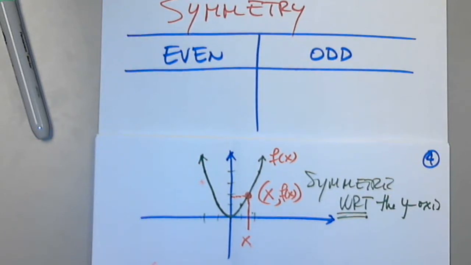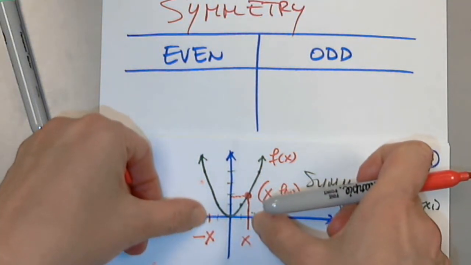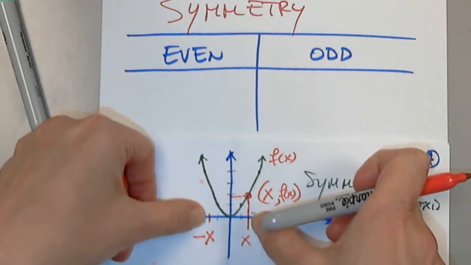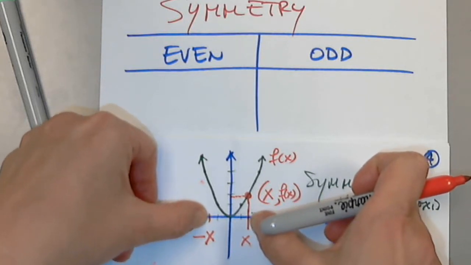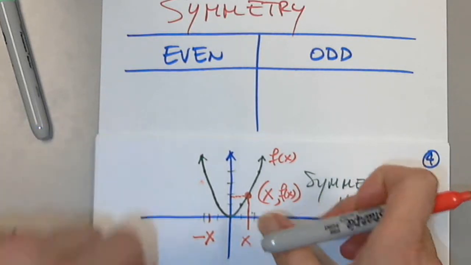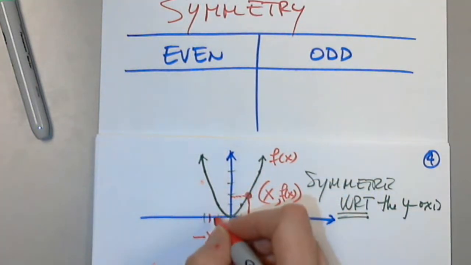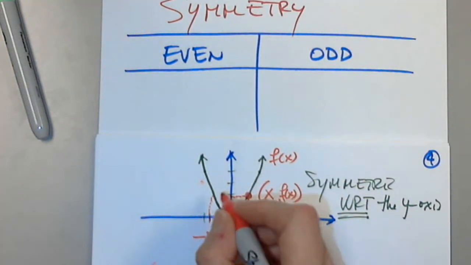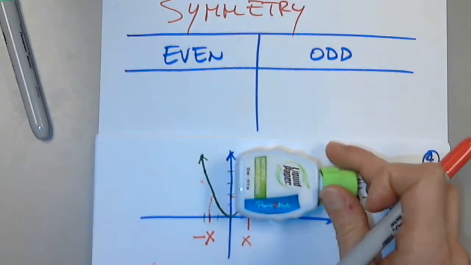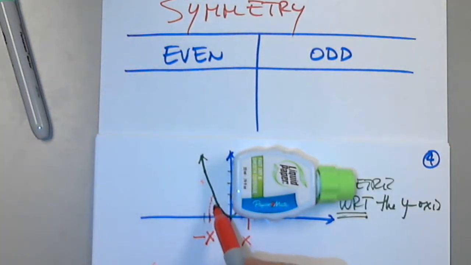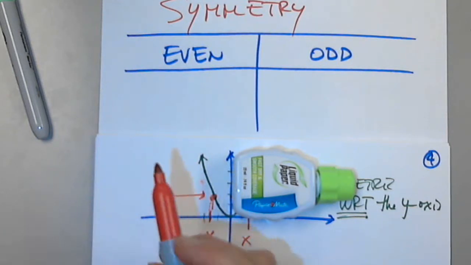Okay, good. Now I'm going on the other side, and this time I pick negative x. Are these two symmetric? You can say, okay, I'll bear with you and say yes. I chose them to be symmetric. Of course, they're not perfect. And can anyone, without looking to the other side, give me the coordinates of this point?